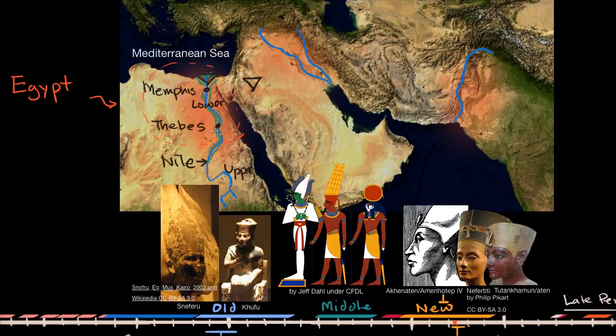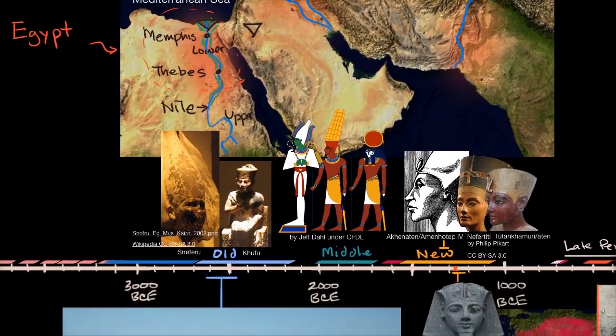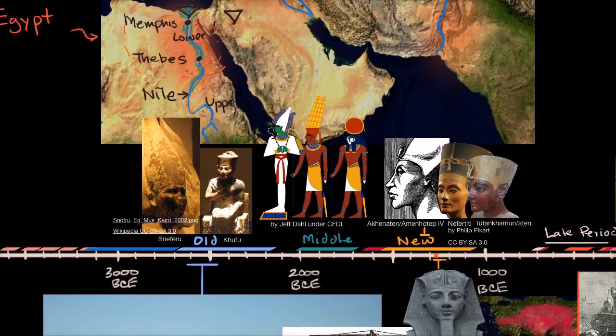But when we talk about ancient Egypt, we formally talk about it as a civilization around 3150 BCE. And this is where we get to our timeline right over here. So we're talking about right around there on our timeline.